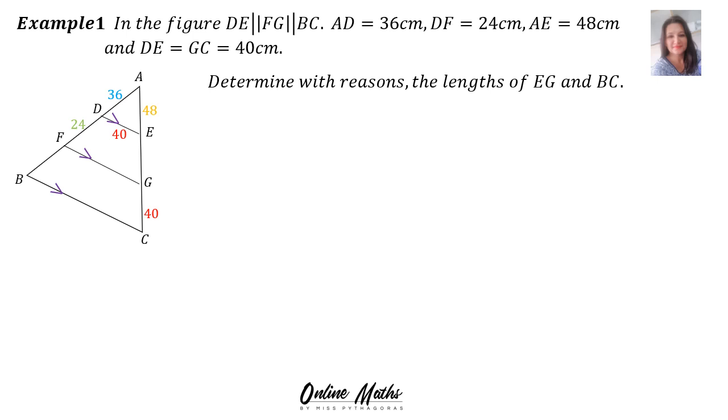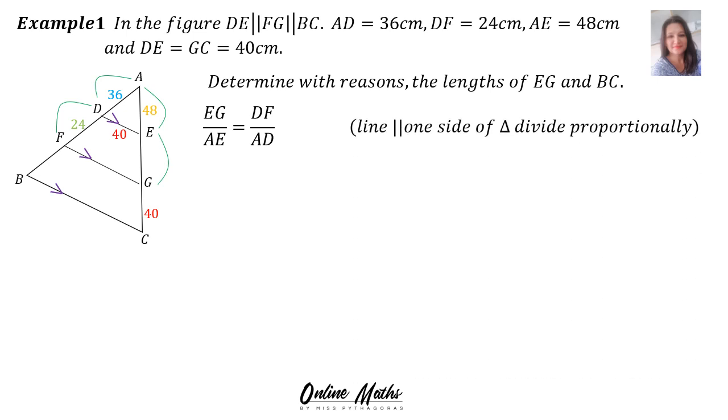Now let's start with EG. We can start by saying EG over AE is equal to DF over AD. And the reason is line parallel to one side of a triangle divides the other sides proportionally.